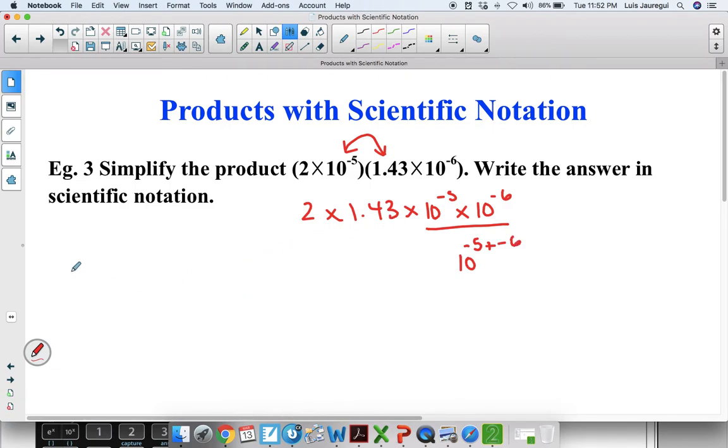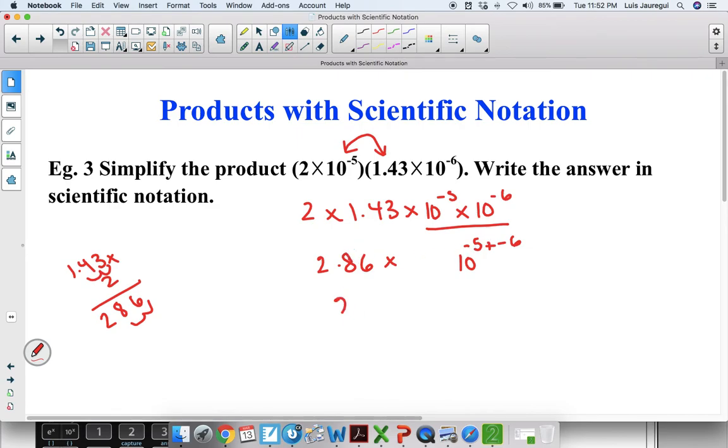Now here we have 1.43 times 2. So it gives you 2 times 3 is 6, 2 times 4 is 8, 2 times 1 is 2. And then we're going to move the decimal point twice. So this is 2.86 times 10 to this particular power.